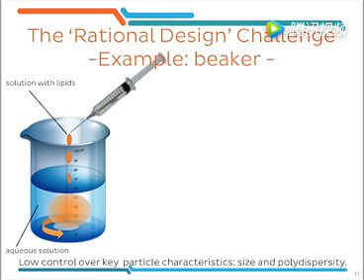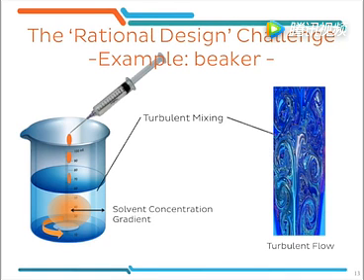The change of polarity from the apolar organic solvent, the ethanol, to the polar aqueous solution, the buffer, allows the lipid to self-assemble into organized structures such as vesicles or micelles.